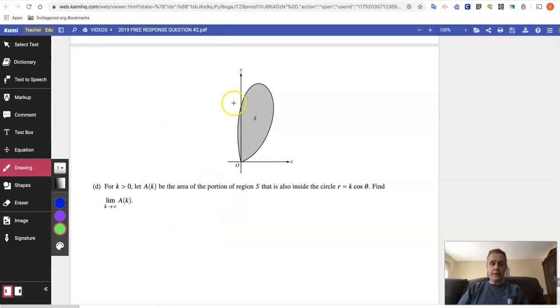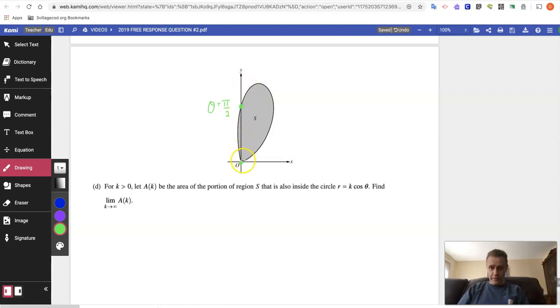So if we were going to get the value of this limit here, I claim it's basically going to be the area that's inside our polar curve, starting at 0, but stopping when we get to this point right here on our polar curve. And since that point is on the y-axis, it would stand to reason that would be at the angle of pi over 2, because that's 90 degrees.